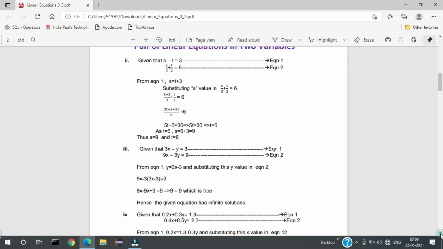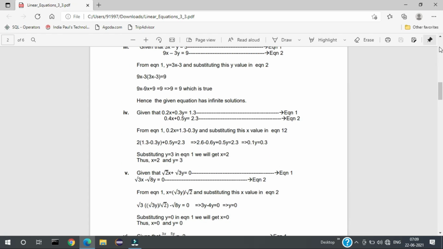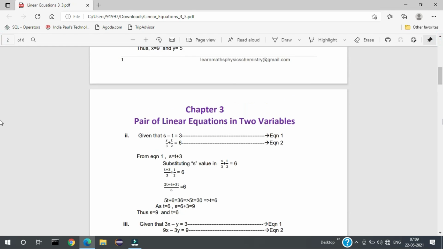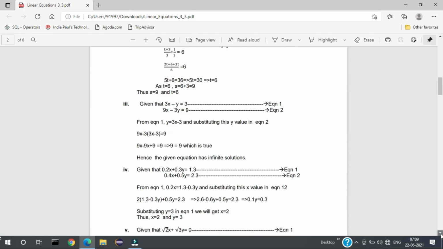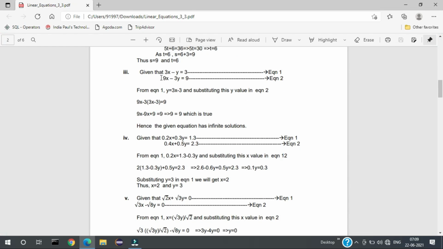Coming to the third one. Given that 3x minus y equals 3, 9x minus 3y equals 9. From equation 1, y equals 3x minus 3 and substituting this y value in equation number 2. 9x minus 3 into (3x minus 3) equals 9.